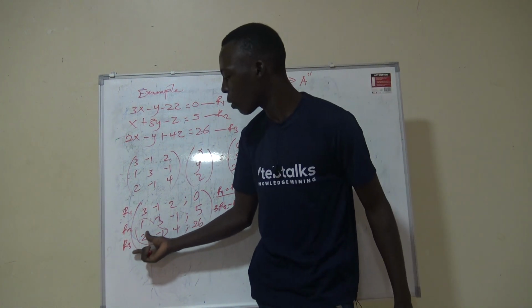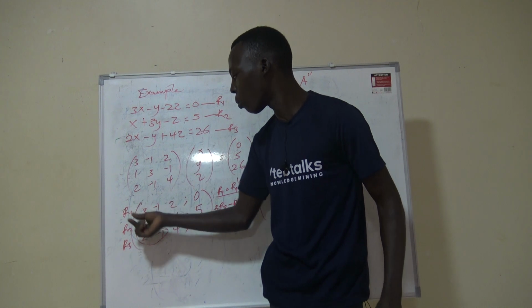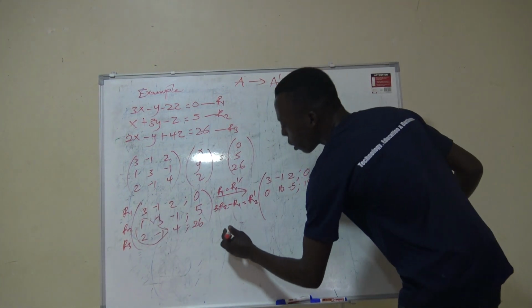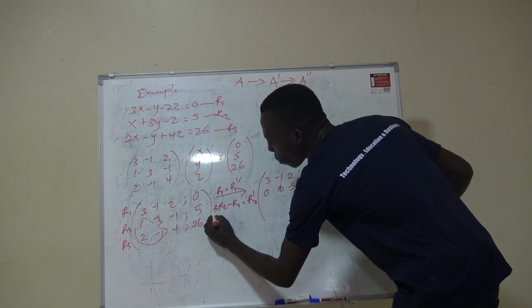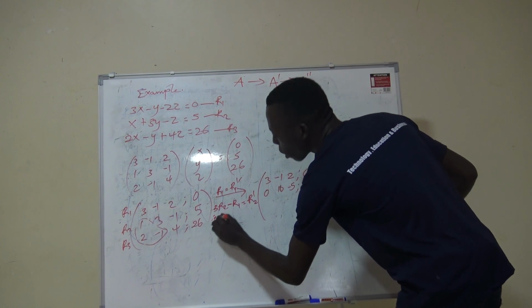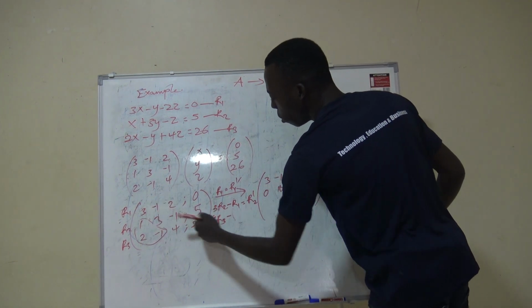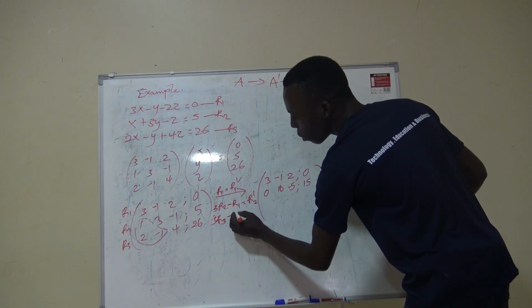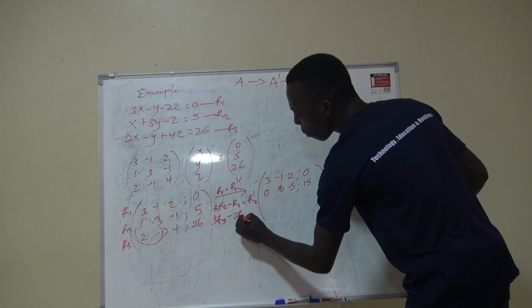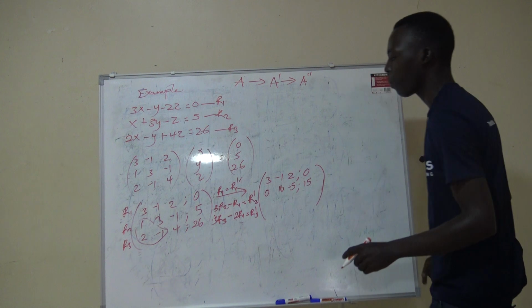So for this case, we multiply this one by 3, and this one we multiply by 2, in order for us to get a 0 there. So it is 3 R3, then minus, because they will be of the same sign, minus 2 R1. So this one will give us R3 prime.